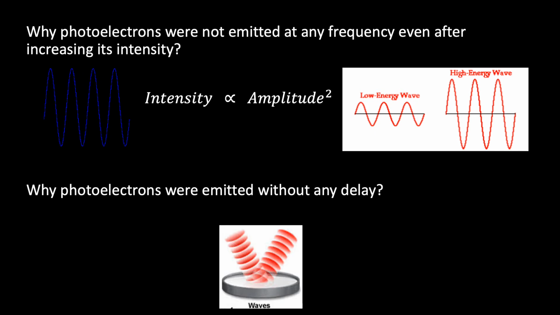So the electrons will take some time to accumulate enough energy to escape from the metal surface. Hence, there should be a measurable time lag between the impinging of the light on the surface and the ejection of photoelectrons. However, no time lag is observed. Photoelectrons are ejected the instant the light falls on the metal.